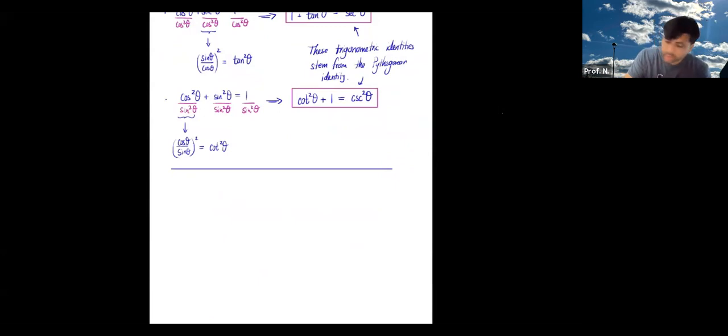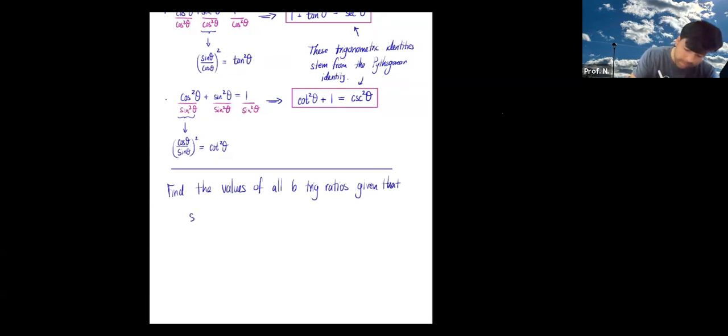We did something like this before, but let's say it says find the values of all 6 trig ratios, given that sine of theta is -1/4 and secant of that same angle is less than 0.